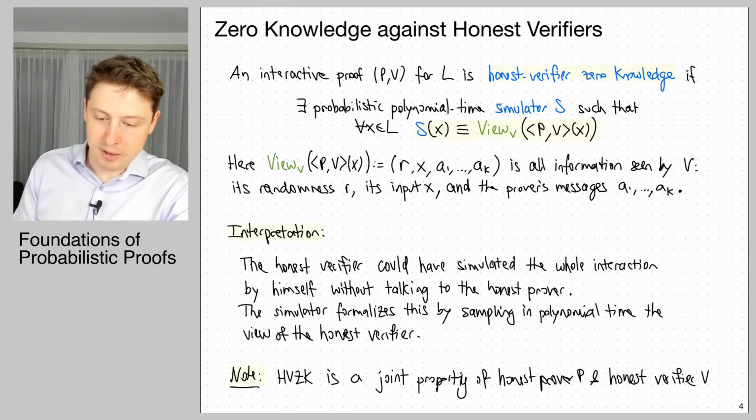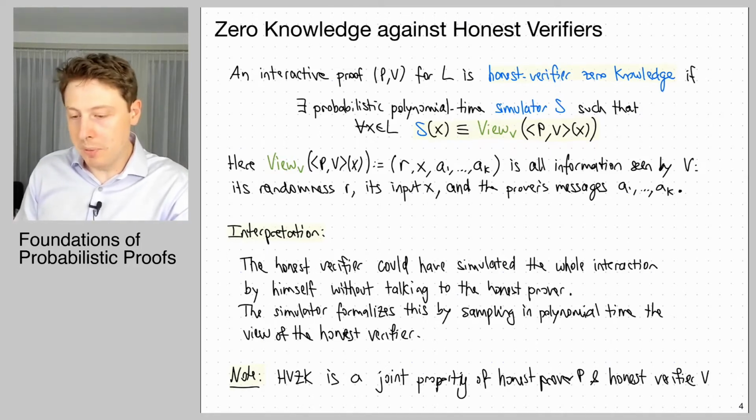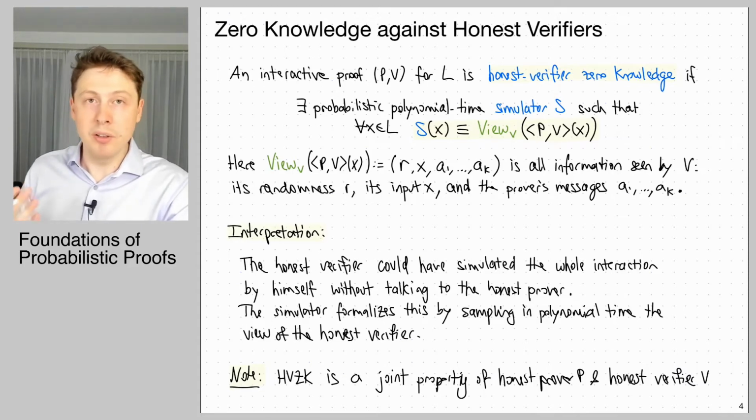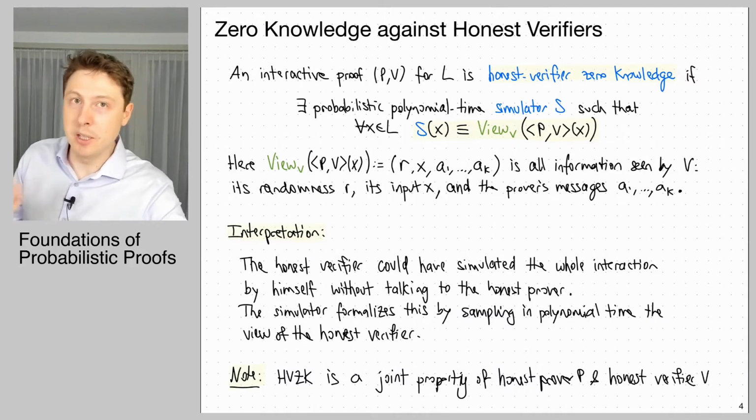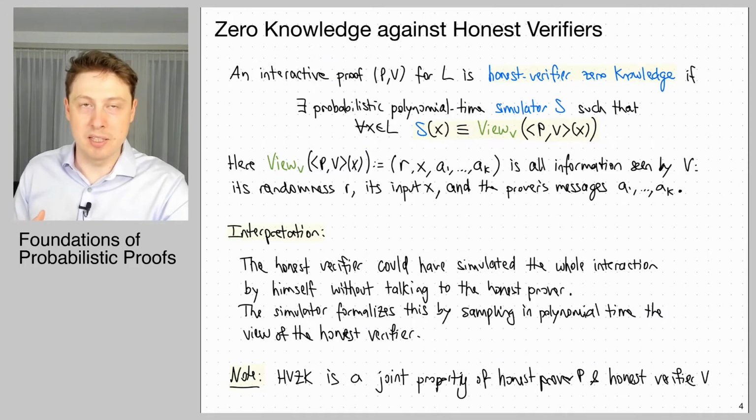And more generally, in cryptography, when you use the simulator paradigm to formalize some privacy condition, you typically try to clarify to yourself, in some protocol, what do I expect the other party to know anyway, or what necessary piece of information must be leaked, right?